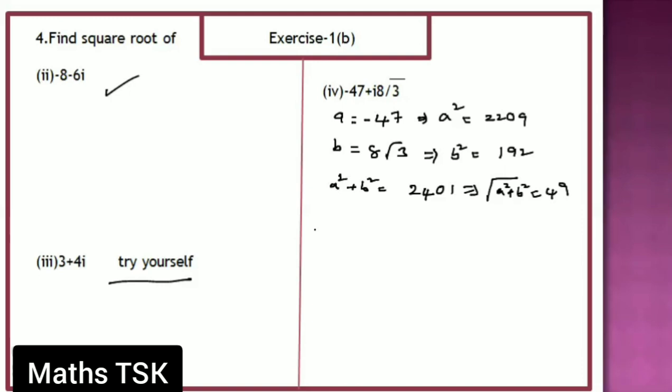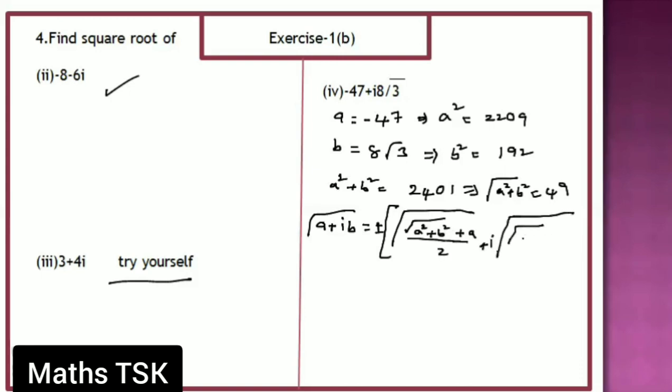Now come to the formula. What is the formula? a plus ib. Root of a plus ib is equal to plus or minus under root of (root of a square plus b square plus a) by 2, plus i into root of (root of a square plus b square minus a) by 2.